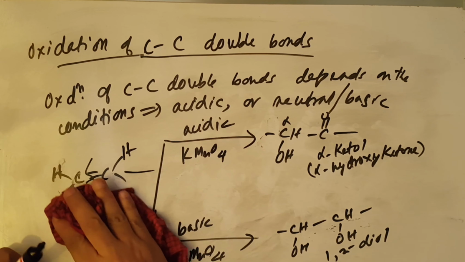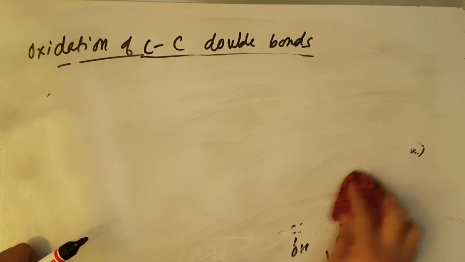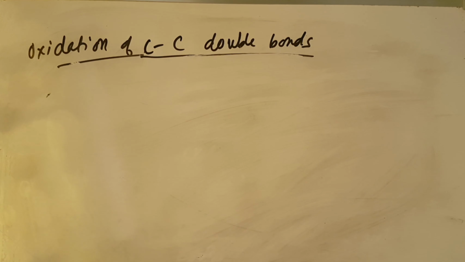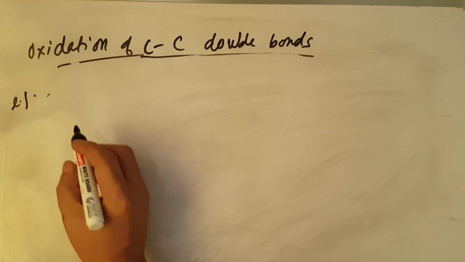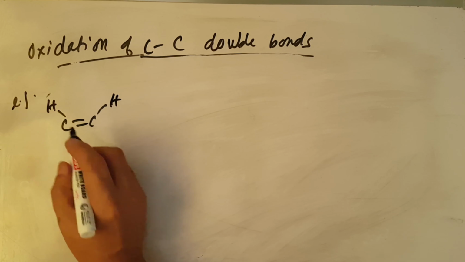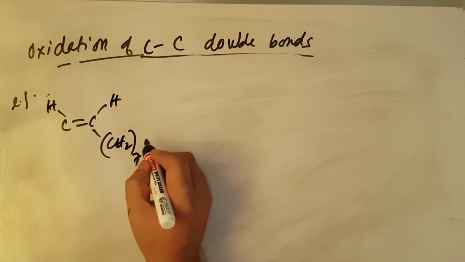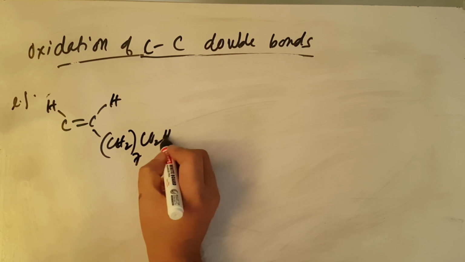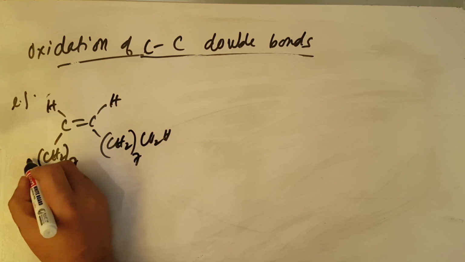Oxidation of carbon-carbon double bonds by potassium permanganate. I'll give some examples. Say a cis compound with CH2 7 acid here, and here also CH2 7 CH3.